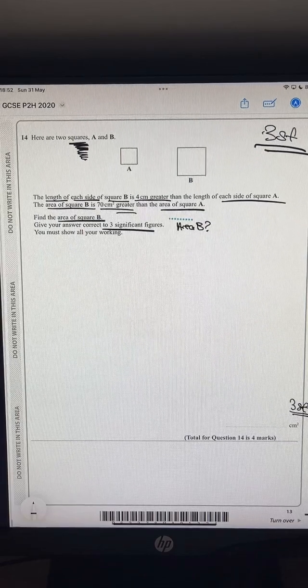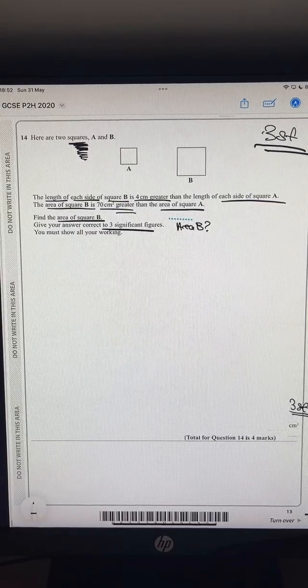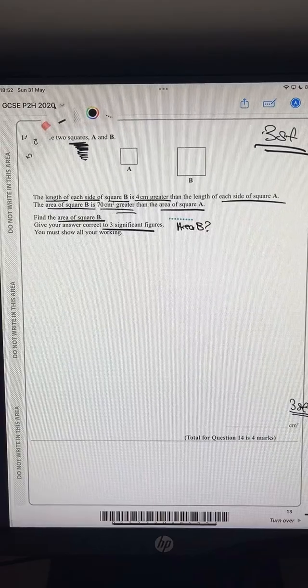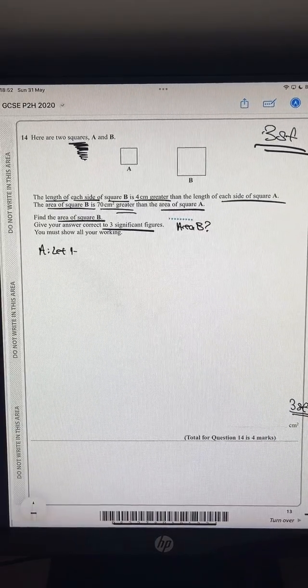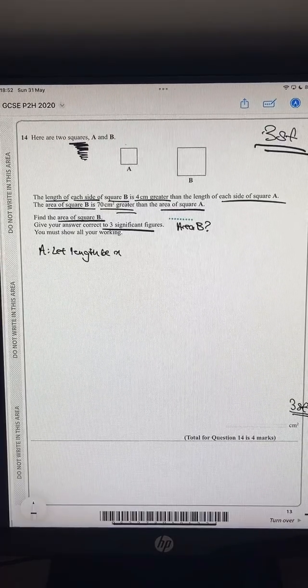So this question is actually not so bad once you look at it, because remember, this dramatic underline, they are squares. So for A, I'm going to let this length be x because I'm original like that. Everyone uses x, so that's going to be x.